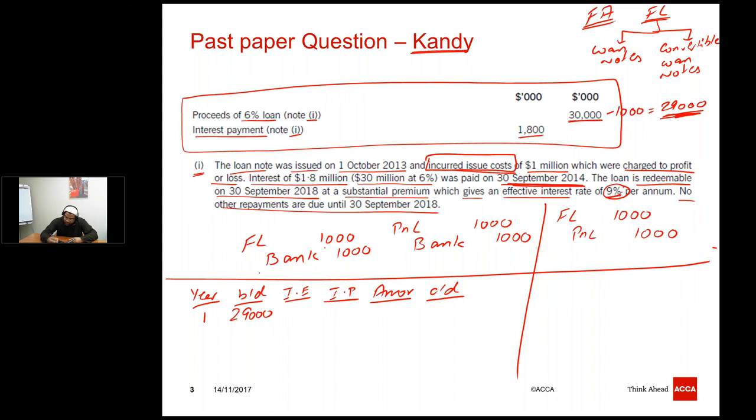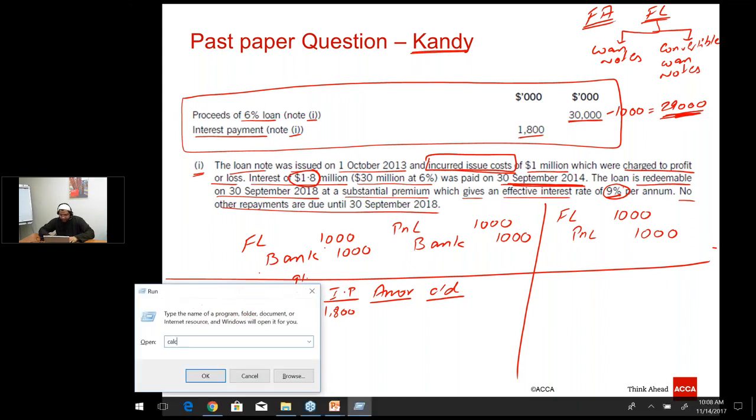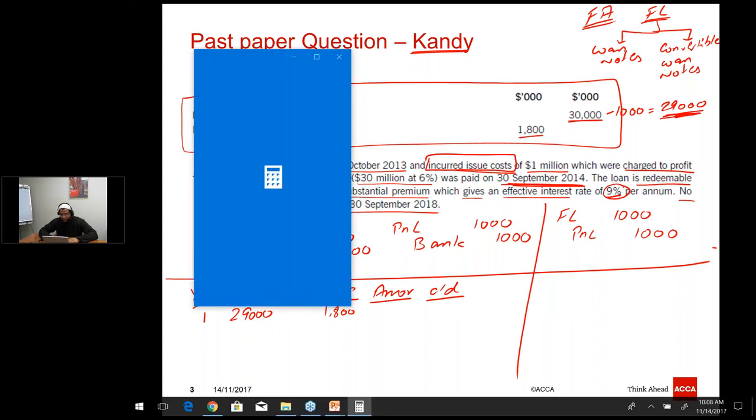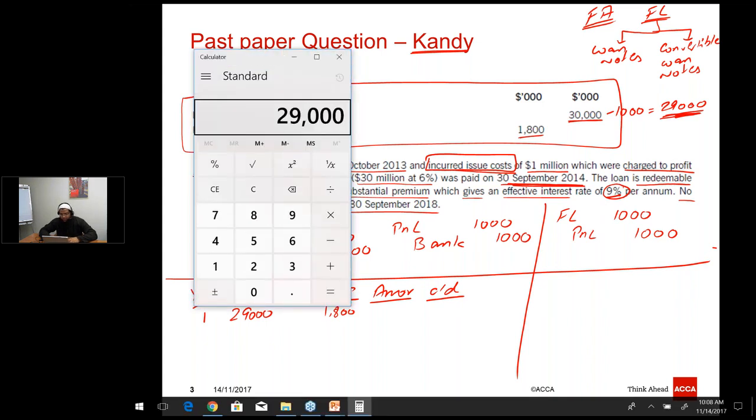The interest expense will be 9% on this 29,000, with the interest payment being 1,800. If I calculate the interest expense, this will be 29,000 into 9 divided by 100. So the interest expense is 2,610.